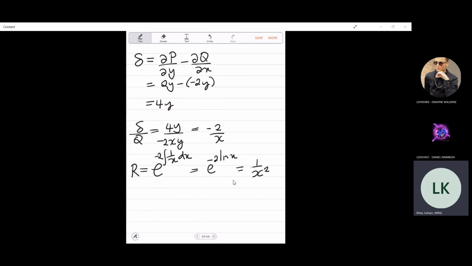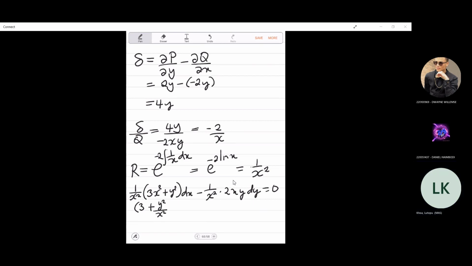So I have 1 over x squared multiplied by p, which is (3x squared plus y squared) dx, and then minus 1 over x squared times 2xy dy. This is equal to 0. So this gives us (3 plus y squared over x squared) dx, then minus y over x.